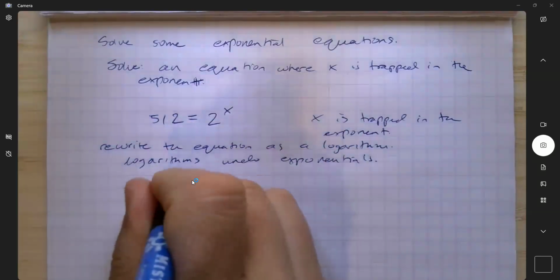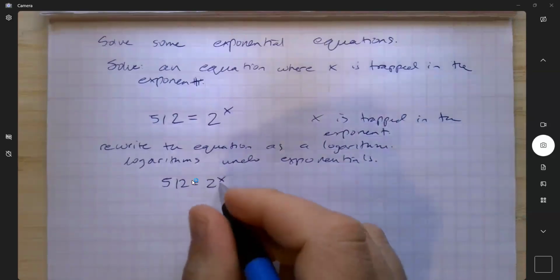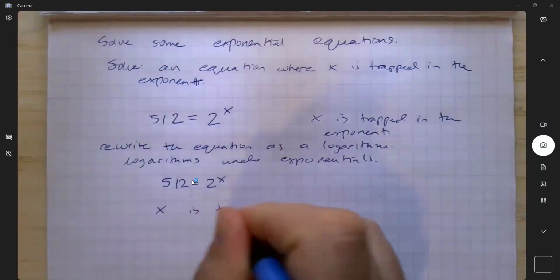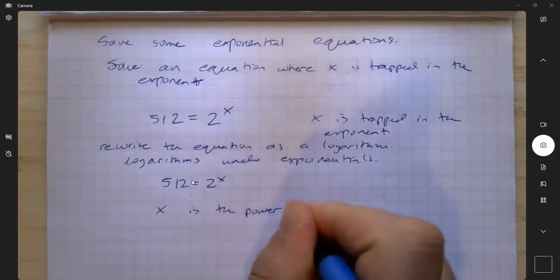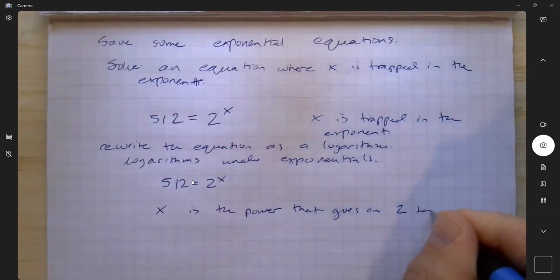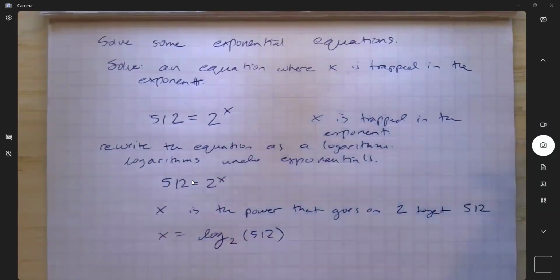So here we go. 512 equals 2 to the x. Well, I'm going to write this in words like we practiced in the previous week. X is the power that goes on 2 to get 512. So x is the power, a logarithm is a power that goes on 2 to get 512. And this is my answer. This is a number.